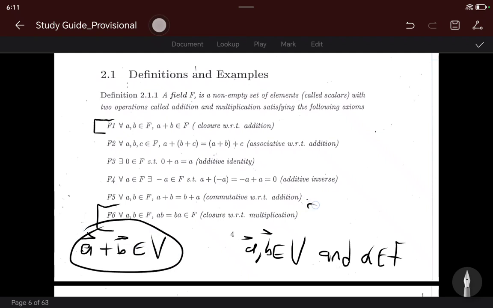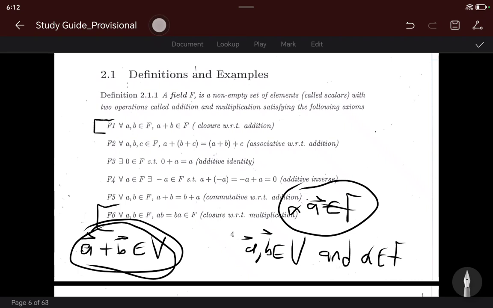Now I take A multiplied by a scalar, and that will be an element of F. So this one is under multiplication, and this one is under addition. Whenever we look at them, we can say this is closure under multiplication, and this is closure under addition. Since this is commutative, even if I multiply on this side, it will still be an element of F. Hence I say that these two are equal.